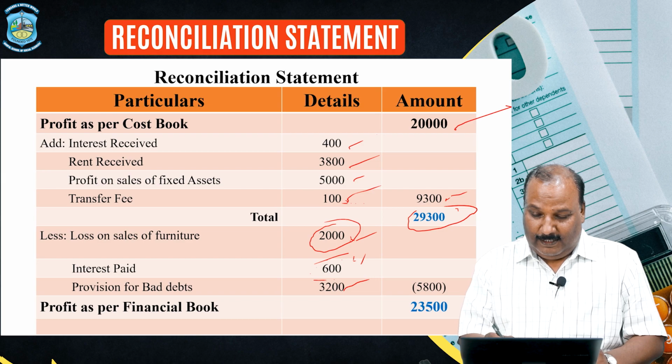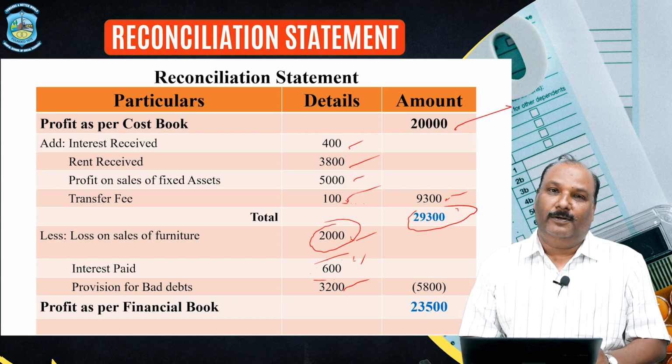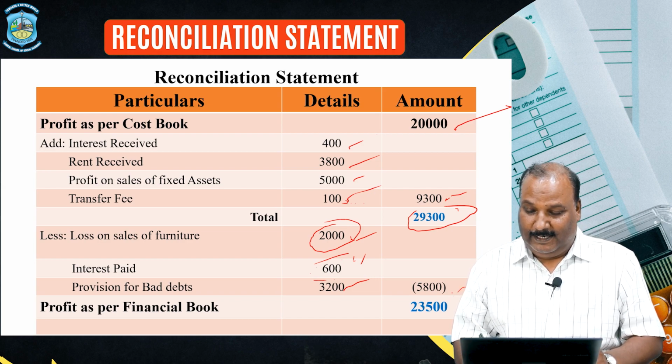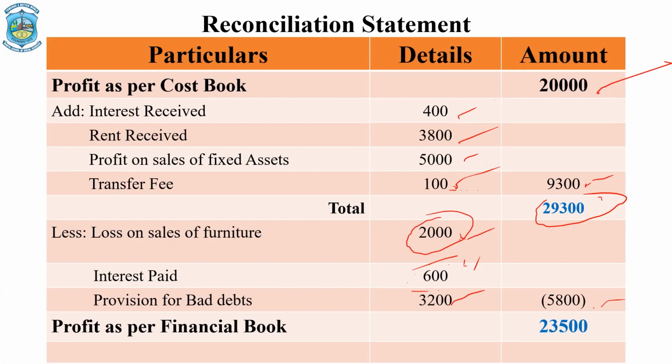Now we will take the total: 2,000 rupees, 600 rupees and 3,200 rupees. The total of these items is 5,800 rupees, which we have to minus from 29,300. 29,300 minus 5,800, the balancing figure is 23,500 rupees, which means profit as per financial book is 23,500.